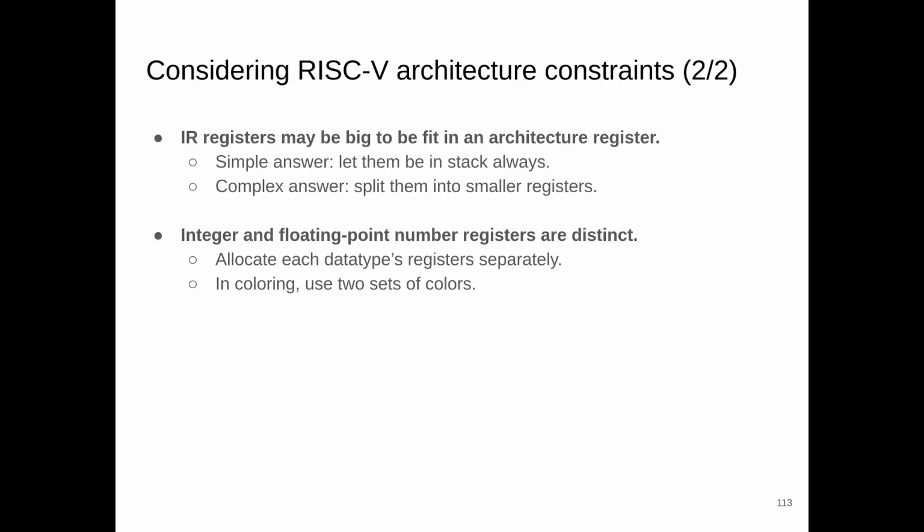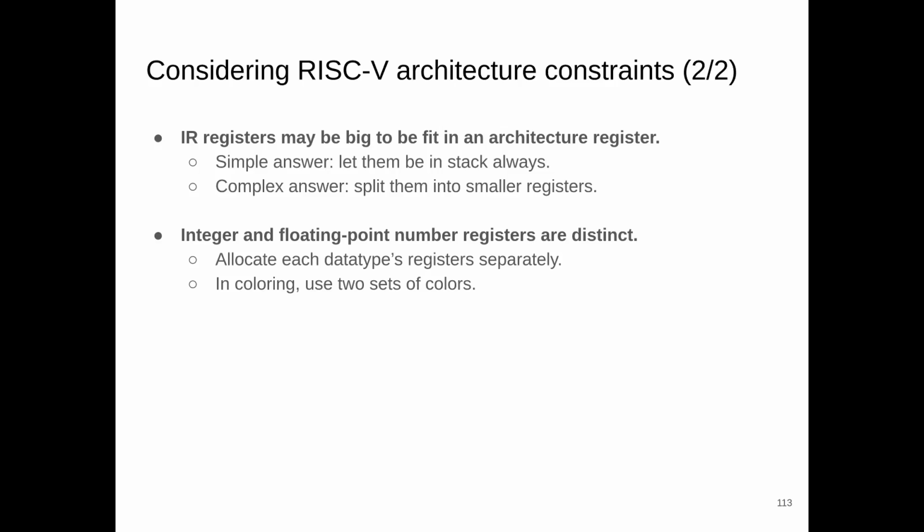And the final constraint we need to consider is that integer and floating point numbers have to reside in different sets of registers. For example, T0 to T11 are integer temporary registers. On the other hand, FT0 to FT11 are floating point temporary registers, and they are different things. You need to allocate integer registers into integer registers and floating point registers into floating point registers.